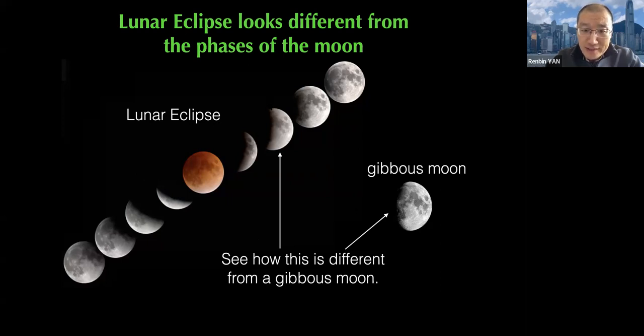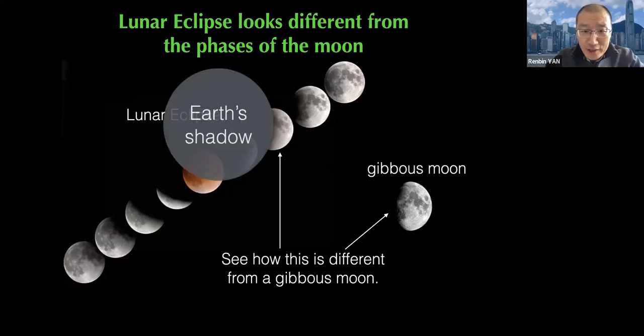And you can see that when it is in the shadow, these curvatures are indeed telling us about the shape of the Earth. Because the Earth is round, our shadow is also round, right? So when you take a picture of a lunar eclipse, you can see this line that is dividing the darker side and the bright side is indeed part of a shadow, a part of a circle.